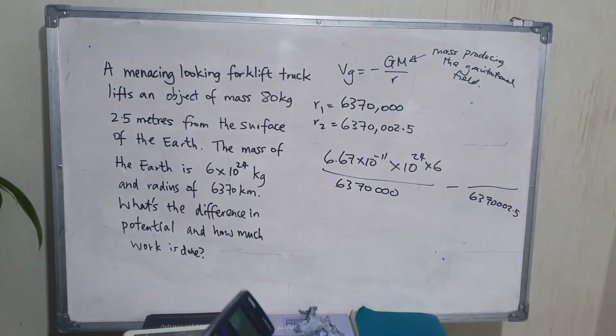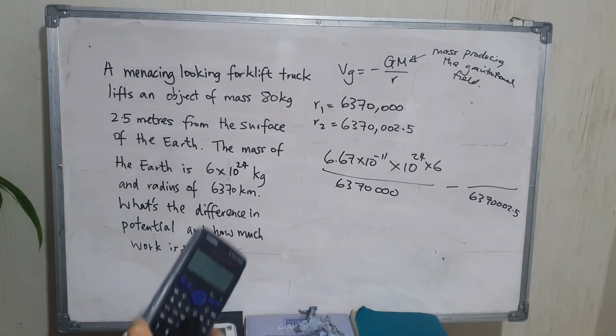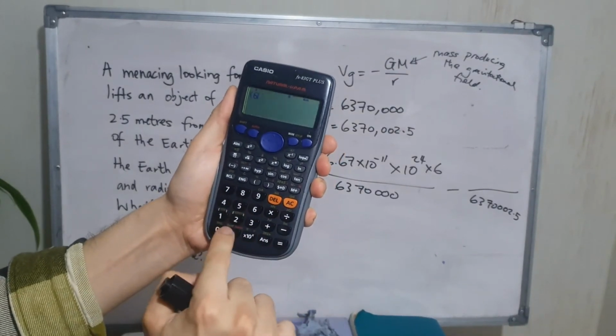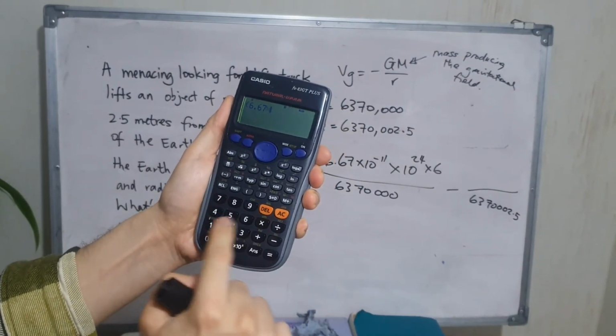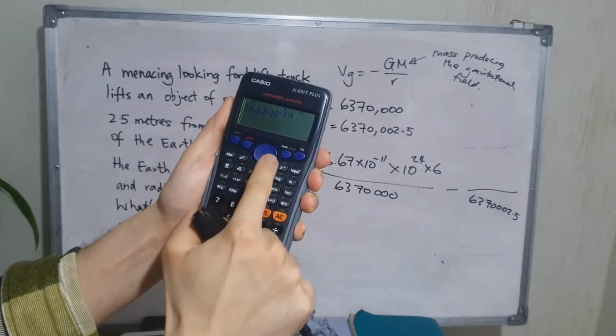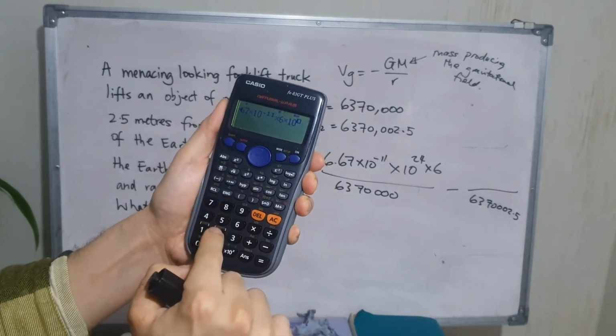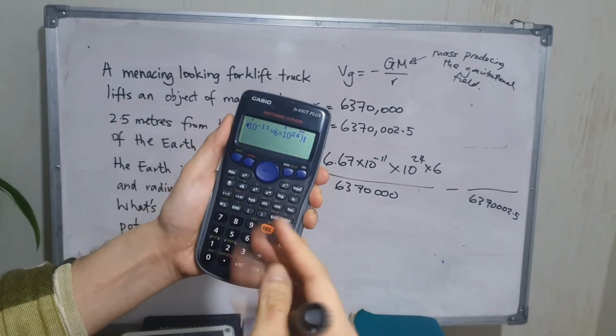All right, so let's work this out using a calculator. We can take the top bit out: 6.67 times 10 to the minus 11, multiplied by 6 times 10 to the power of 24. That's outside the brackets.